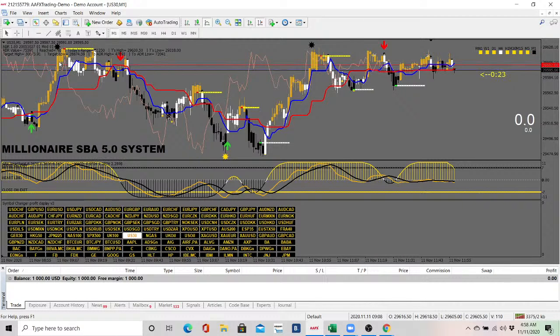And so my goal is to make $1 million in my trading in my demo account. I'm going to do it in demo first, and then I'm going to do it in live. The reason why is because I want to practice.